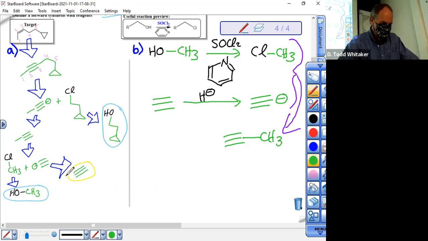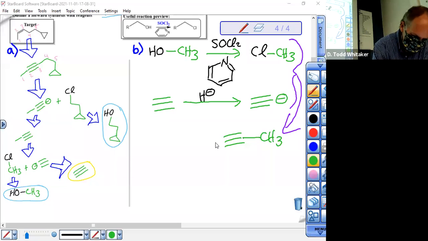So do we agree we are now here? We got this guy. And it needs to lose a proton to get to be this guy. Same base. Now you got C-triple-C with a methyl and a minus.